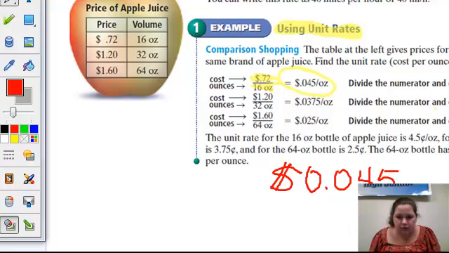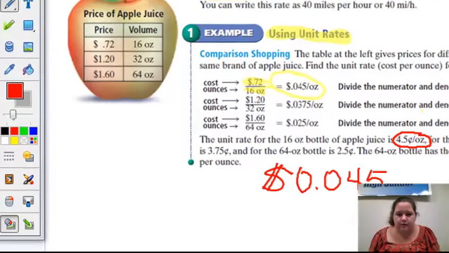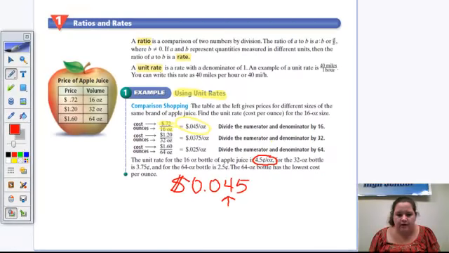0.045. But it's telling us that it's 4.5 cents. That's because look right here. That's your 1 cent area, your tens, and then your dollars.